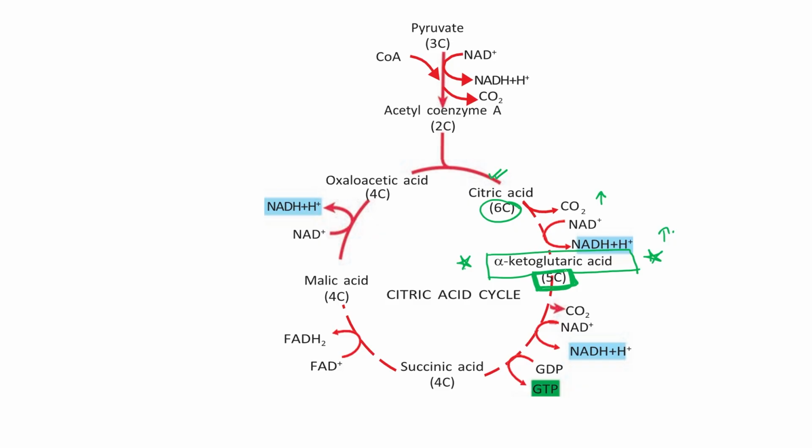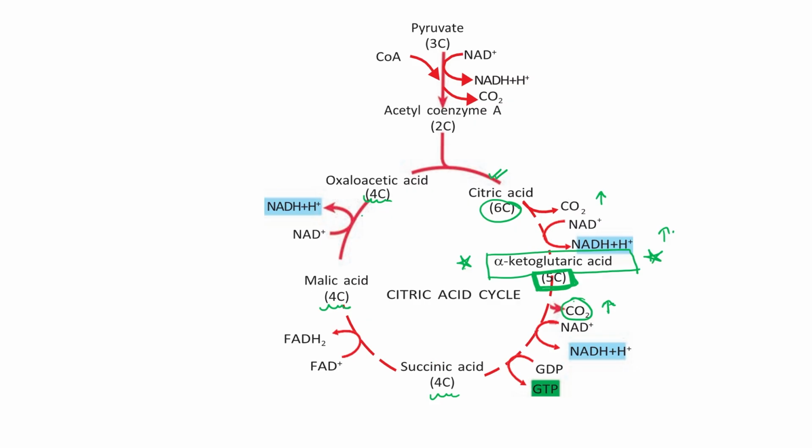As I told you, this is the only molecule having 5 carbon in it. After this, 1 molecule of carbon dioxide is again released, and the next products are all 4 carbon molecules, as you can see: succinic acid, malic acid, oxaloacetic acid.